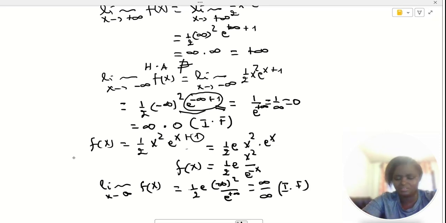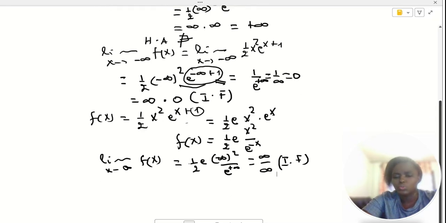How do we remove this kind of indeterminate form? We can use the hospital rule. Do you remember the hospital rule?